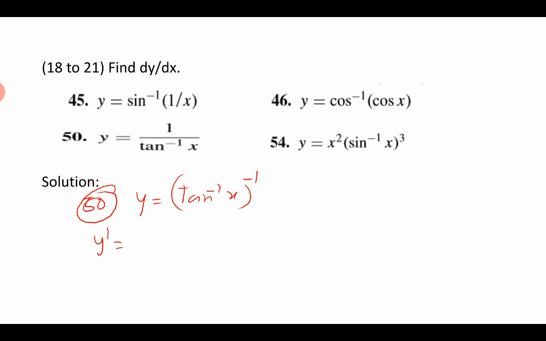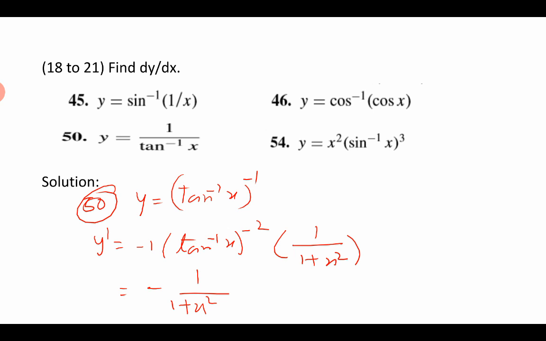Therefore, y prime is negative 1, using the power rule, tan inverse x to the power minus 2, and then differentiate tan inverse, it will be 1 over 1 plus x square. Therefore we can write negative 1 over 1 plus x square into tan inverse x to the power minus 2. That's it. Try this problem yourself.